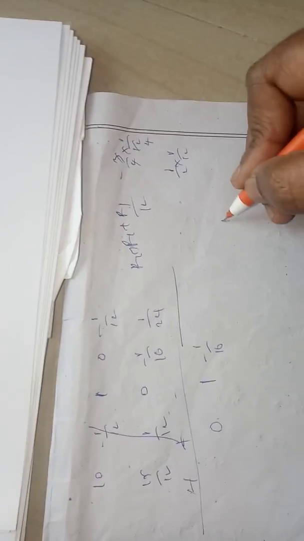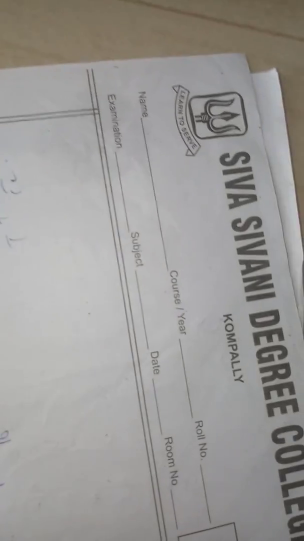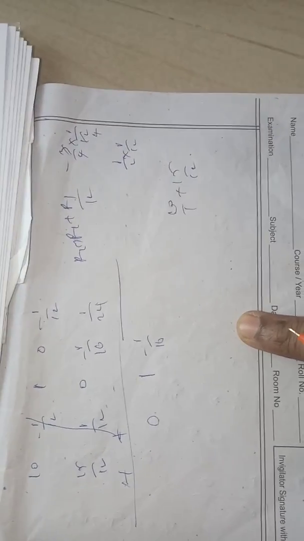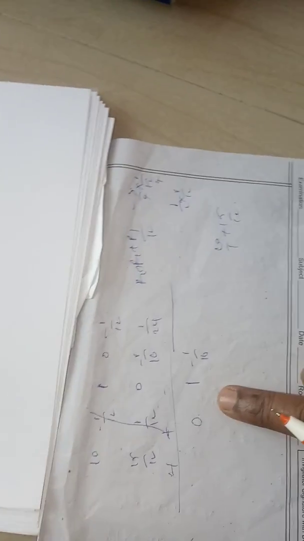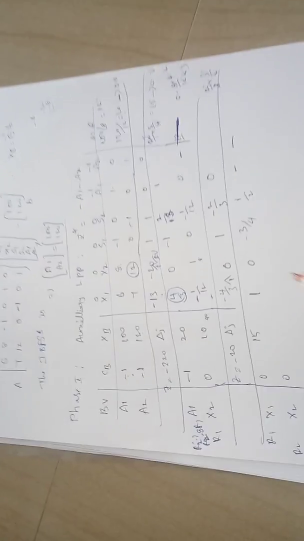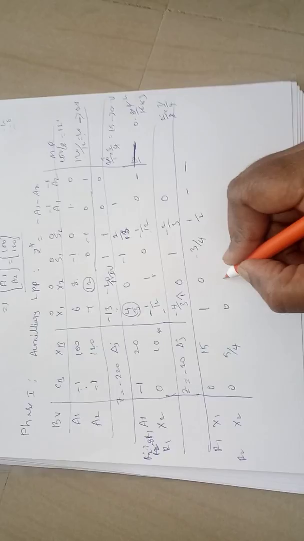So 10 plus 15 by 12. So finally you will get 15, 5 by 4, this value becomes 0, 1, 7 by 16.